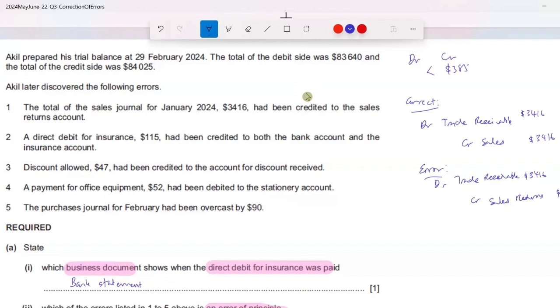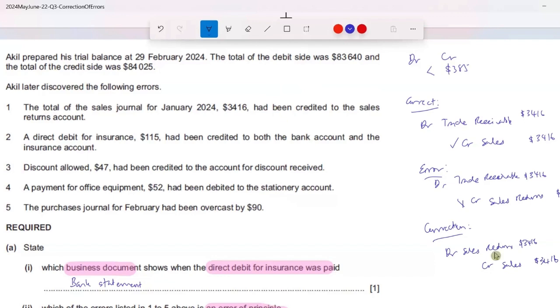With this error, what we need to do is to strike this out. In order to make the correction, to reverse the sales return, we debit sales returns 3,416. And we have to bring this journal entry into effect. We credit sales 3,416.